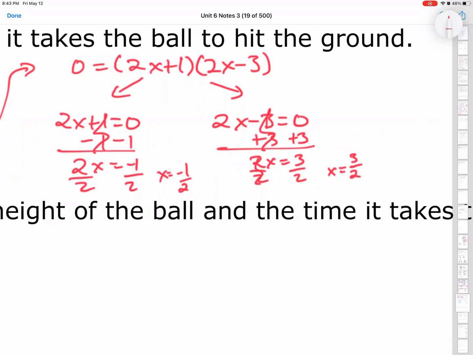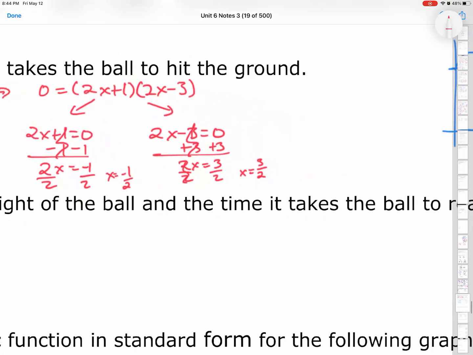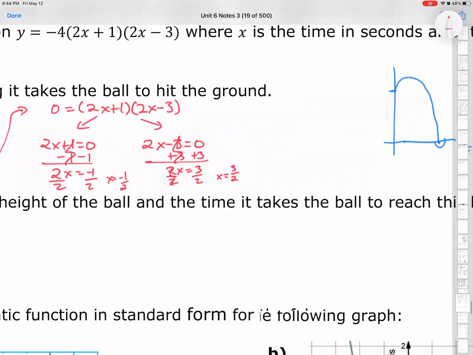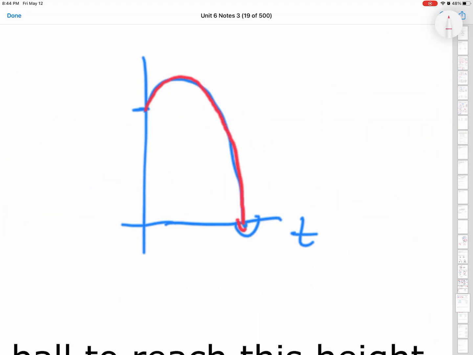Now, let's look at our parabola again for a moment. Here's the person where they toss the ball up, and then it comes back down and then hits the ground, right? Well, looking at our two answers, the one that had the 3/2, that is the value where it actually hits the ground.